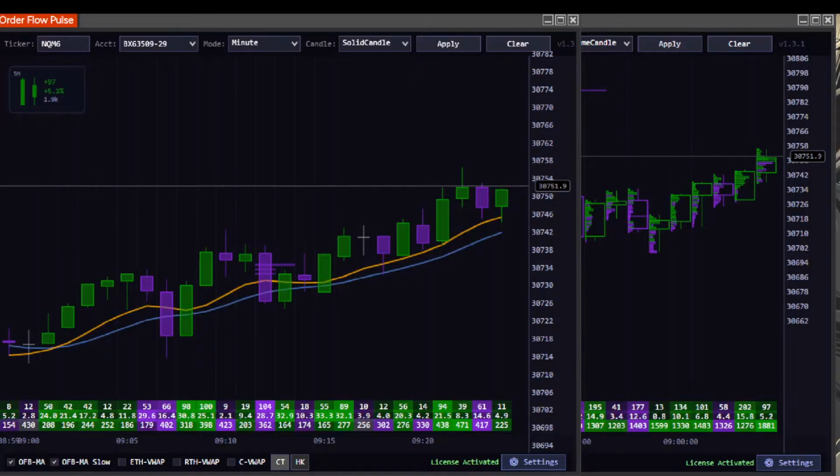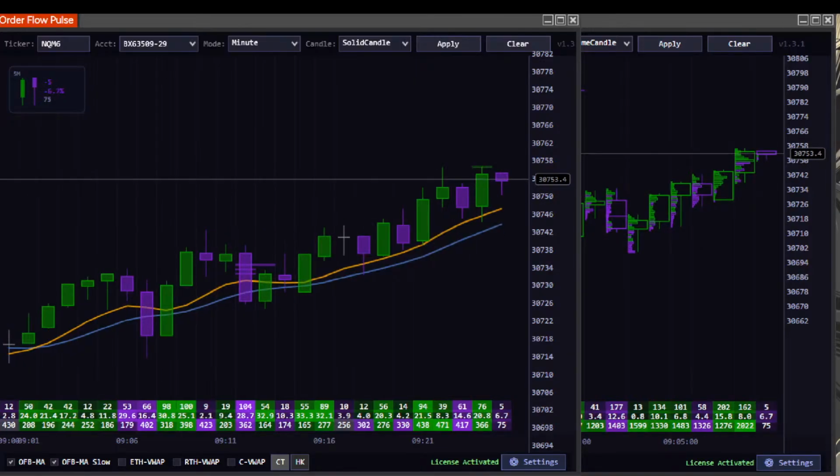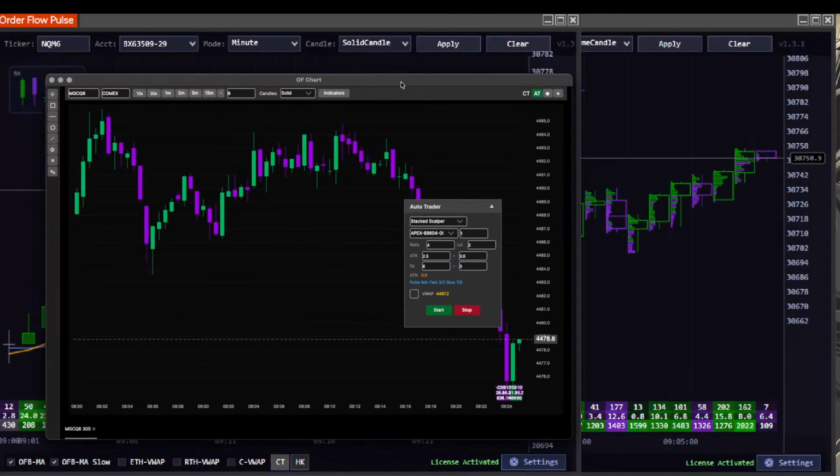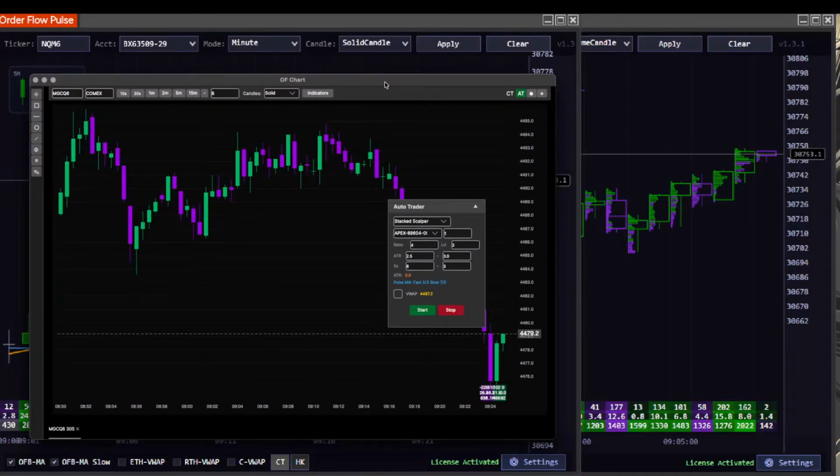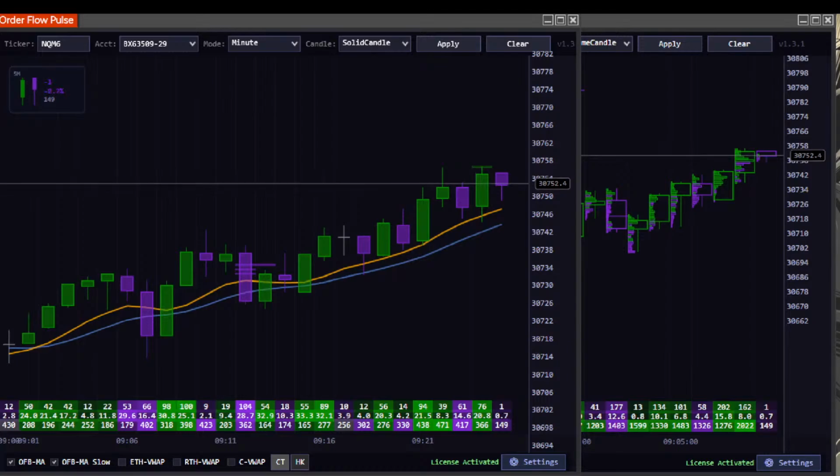Possibly want to cut that in half. This is the backtest, so we'll do 6 and 3. Yeah, I'm not going to use the VWAP. I'm just setting things up for the backtest right now.